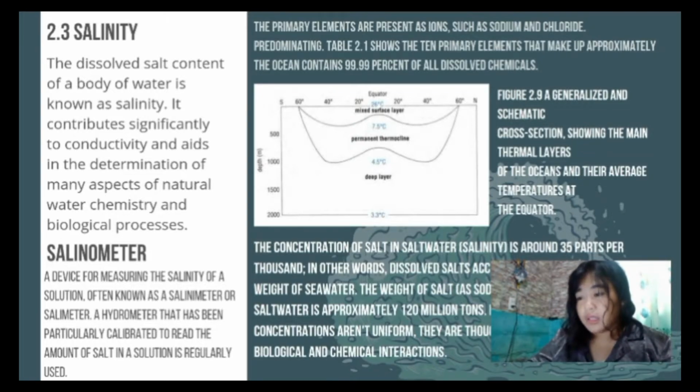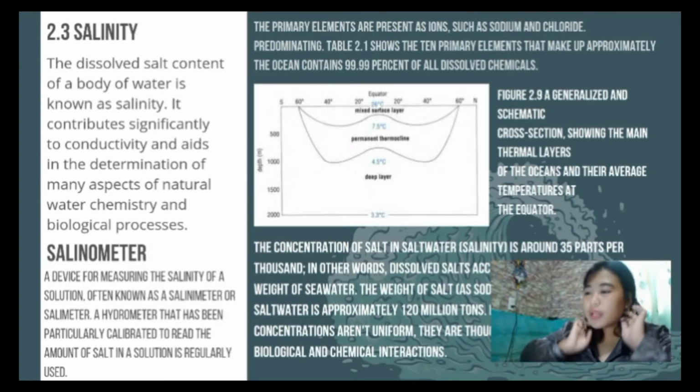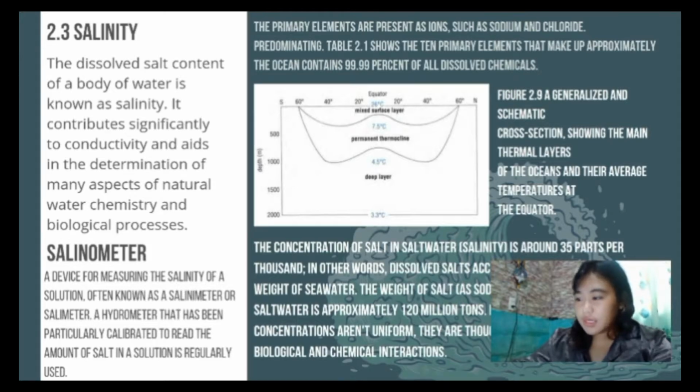Carbon dioxide and other dissolved gases are present and will be discussed later. Elements connected to biological processes, unlike the ions shown in the table, such as nitrate, are highly variable.